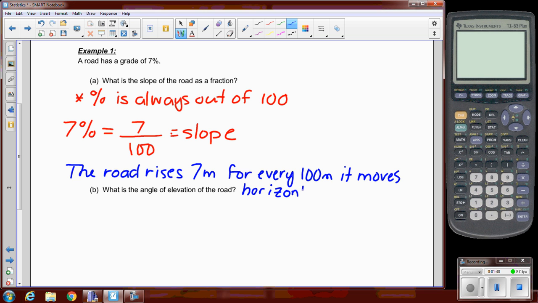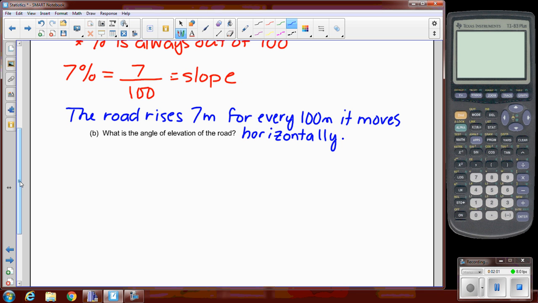Or another way to say it is, if you're traveling on this road and it has a 7% grade, that means if you were going 100 kilometers, this road would rise 7 kilometers for every 100 it goes along. But we usually talk about it as meters.